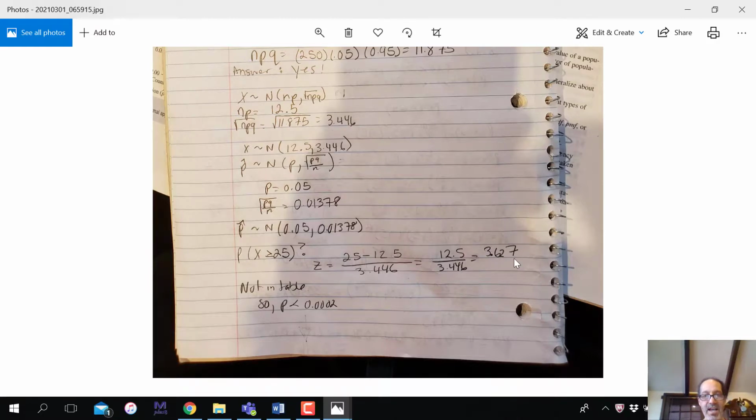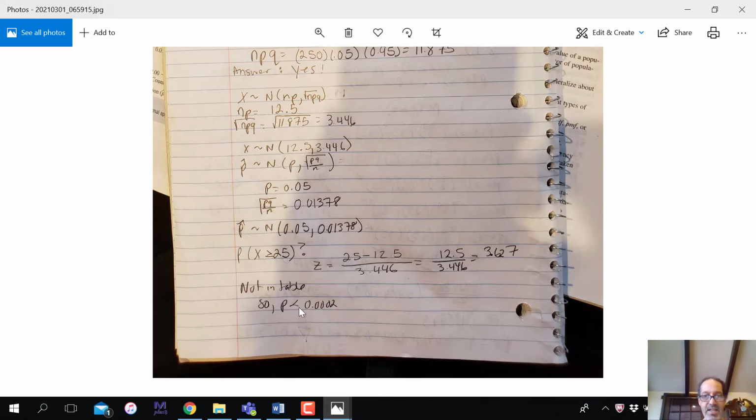Now, since the value 3.627 is not in the table, and the probability 0.9998 applies to a Z value of 3.49, how I got that is I look at the left-hand column where it says Z tenths, and I get 3.4, and I work my way to the right to the hundredths column that says 0.09. The probability value of 0.9998 applies to a Z value of 3.49, and since our value is larger than that, my probability is going to be smaller than 1 minus 0.9998.